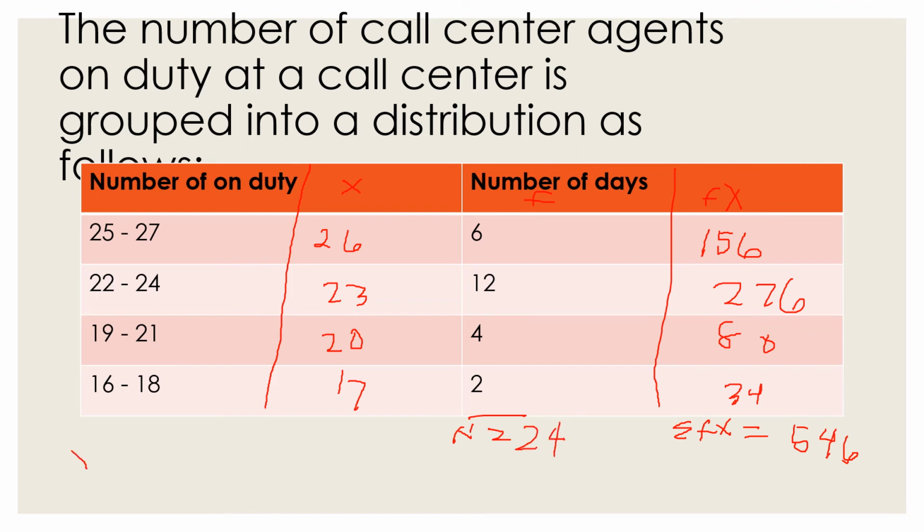If we get the mean using the formula, the sum of fx over n, we get 546 over 24. So 546 divided by 24, the mean is 22.75, or 23. So probably there are 23 call center agents present on the day.